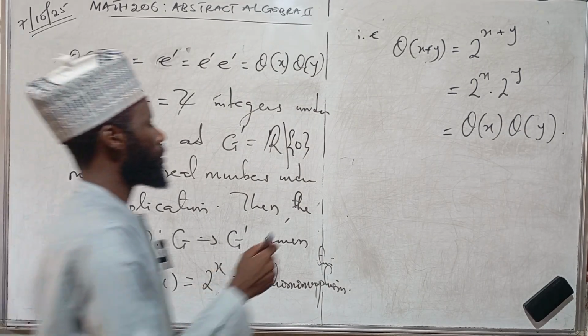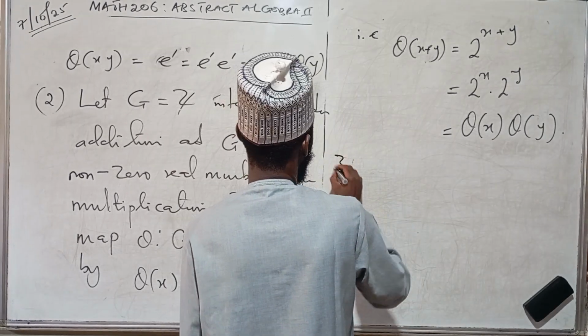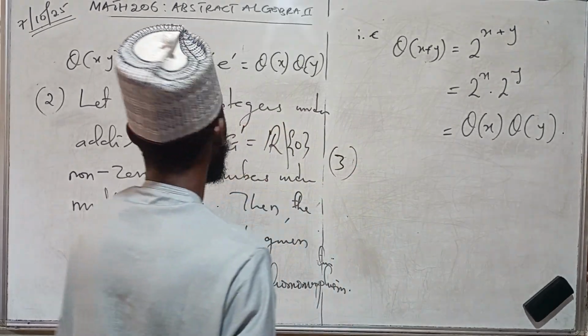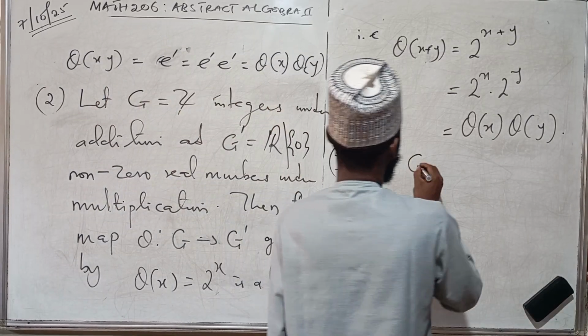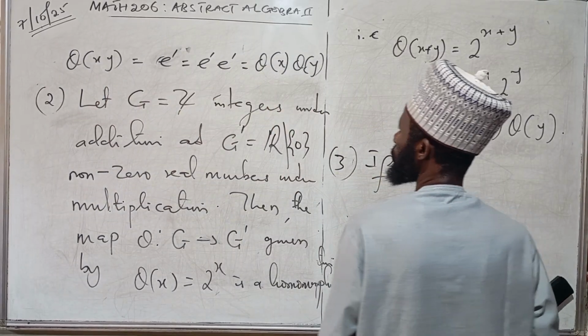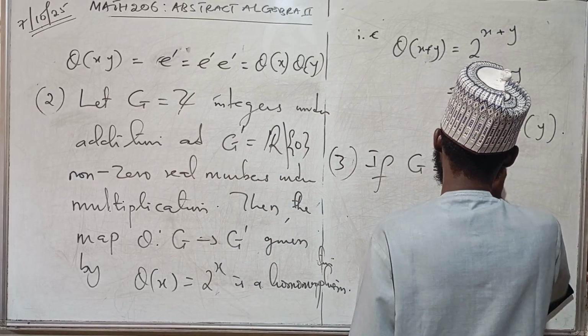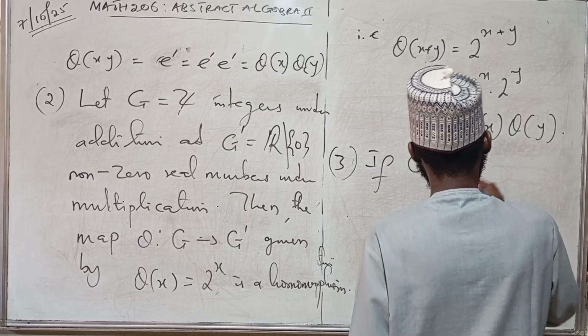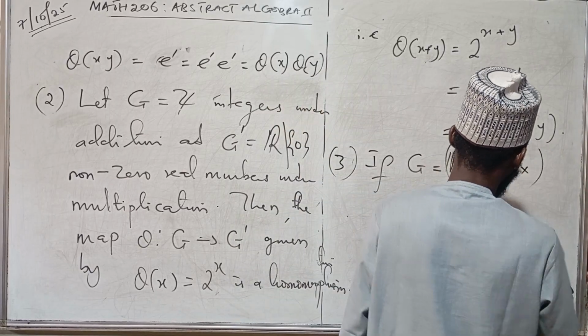Then we can also have the third example, maybe to say that if G is the group of real numbers, but without zero, so under multiplication.